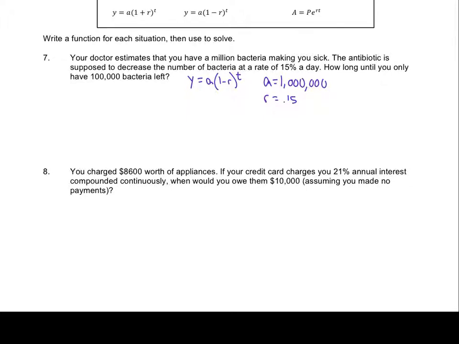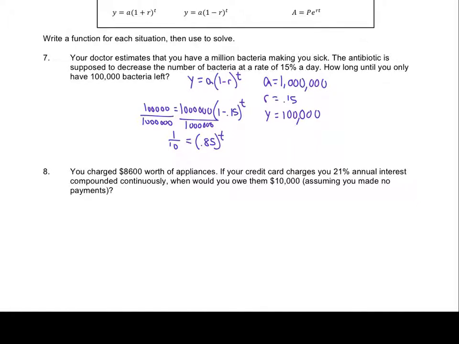We want to know when y equals 100,000. So 100,000 equals 1 million times 1 minus 0.15 to the t, and we're solving for t. So if we divide by 1 million, one-tenth equals 0.85 to the t power.